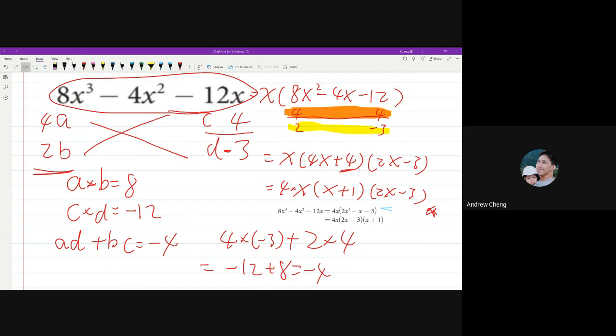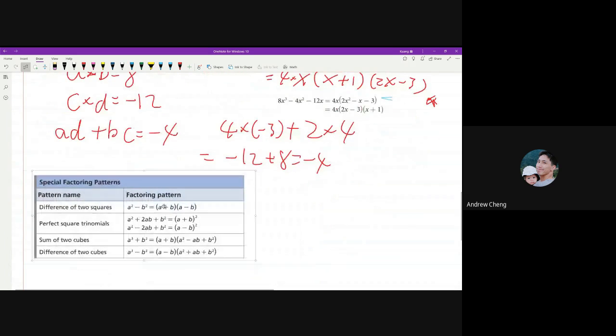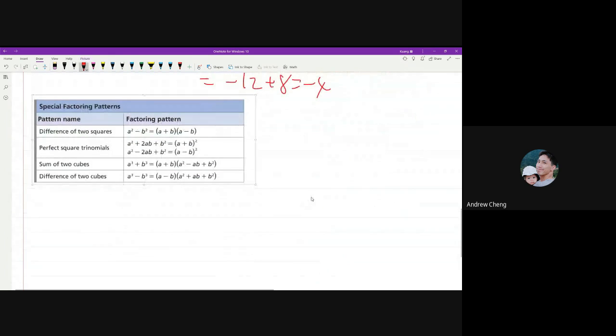So here is the special factoring pattern, like a formula for you. Next. Give you this example. So for this example, you can first rewrite 8x cubed as 2x cubed, plus 125, that's 5 cubed.